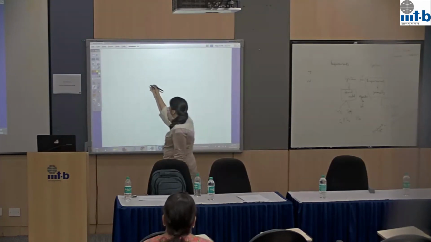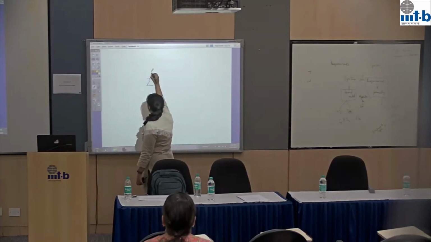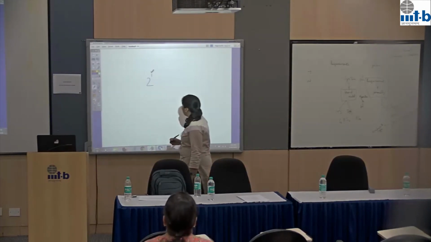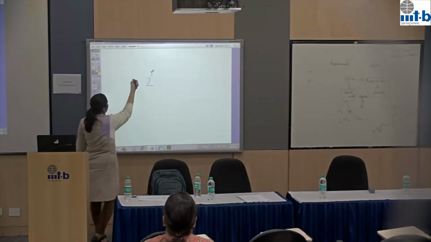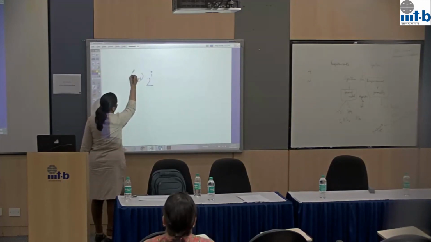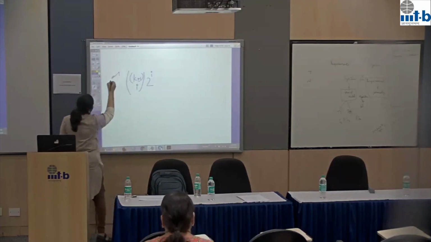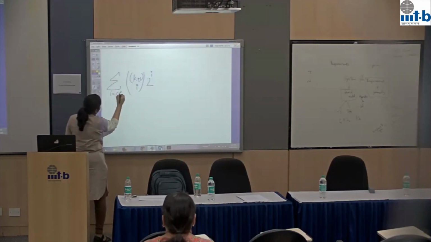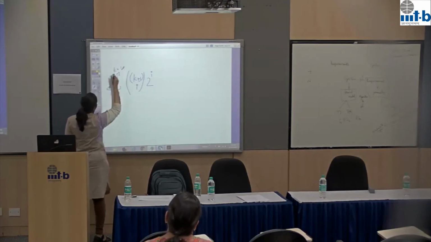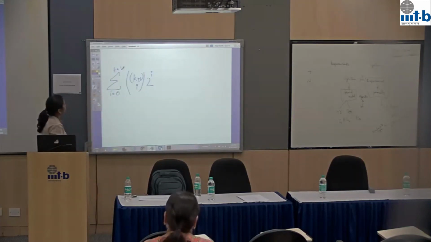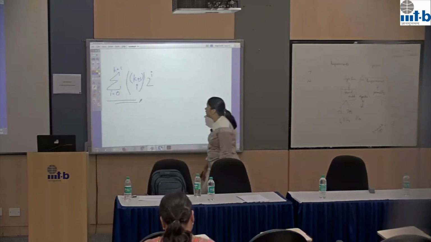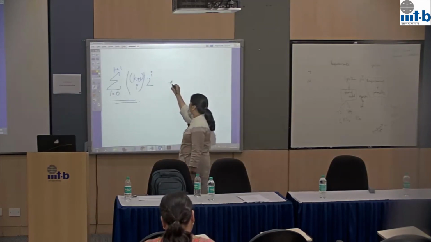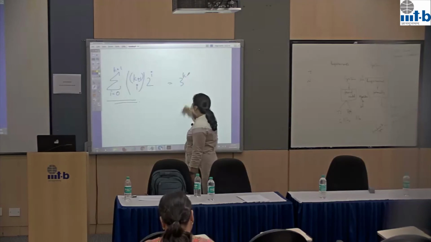So for each subset of size i, you have 2 power i. And how many subsets of size i are there? You are starting with k plus 1, so k plus 1 choose i, and this goes from 0 to k plus 1. So this is the total running time: the sum over i from 0 to k plus 1 of (k plus 1 choose i) times 2 power i. You can prove that this is 3 power k plus 1.